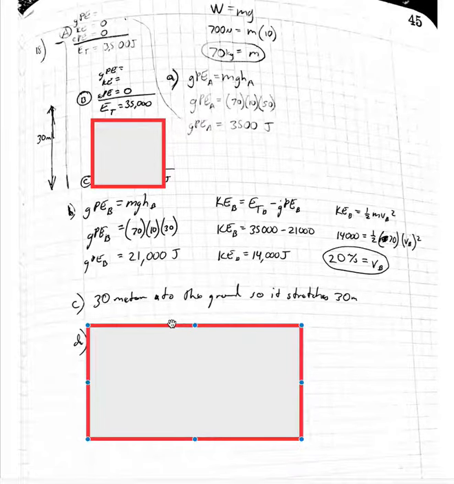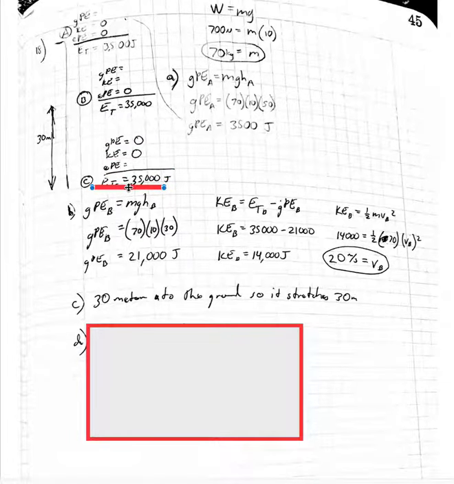And then finally, what is the spring constant of the bungee cord? Well, we know that the total has to be 35,000 total energy. We know there's no gravitational because it's at the ground now. We know there's no kinetic because they get brought to a stop down here at the bottom. And so all of it must be elastic.